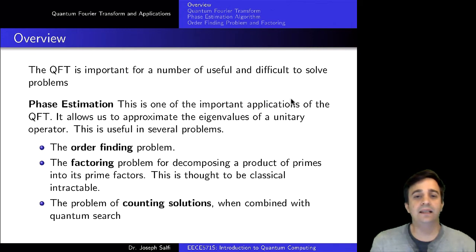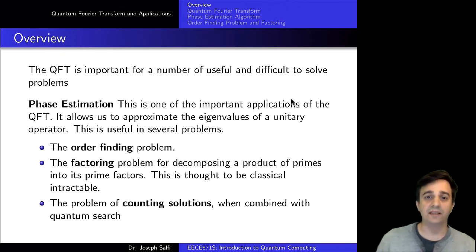And last, phase estimation can be used for counting solutions when combined with the quantum search. And in all of these problems, phase estimation outperforms the classical algorithms for the same problem.